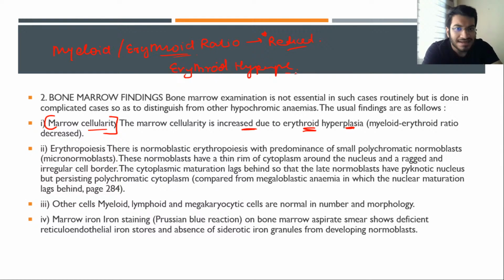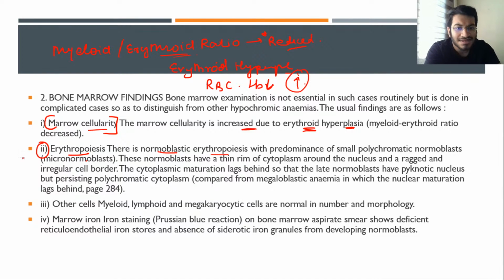Erythroid hyperplasia: as you are RBC deficient or Hb deficient, your bone marrow will try to increase this RBC, so there will be increased cellularity due to the erythroid hyperplasia. Then erythropoiesis: there is normoblastic erythropoiesis with predominance of small polychromatic normoblasts or micronormoblasts.